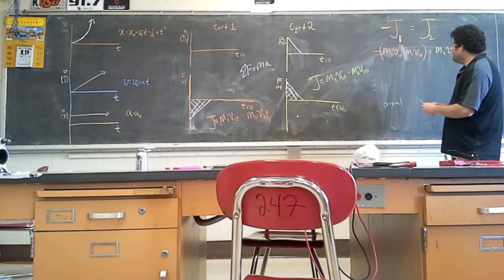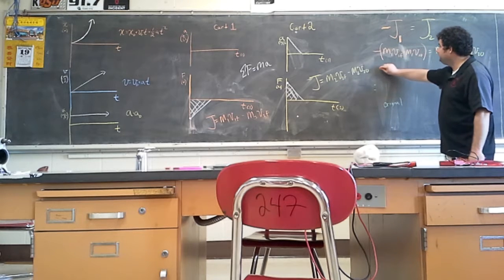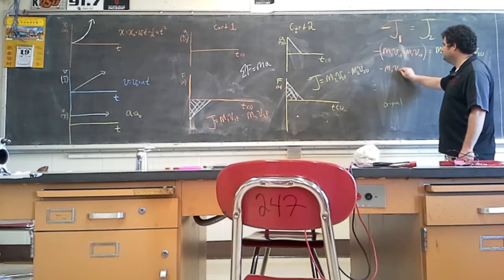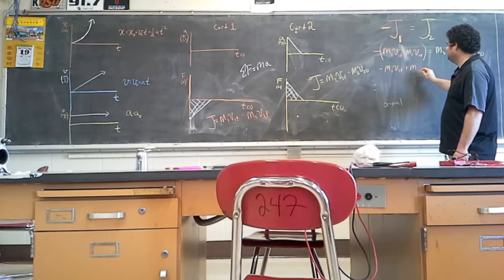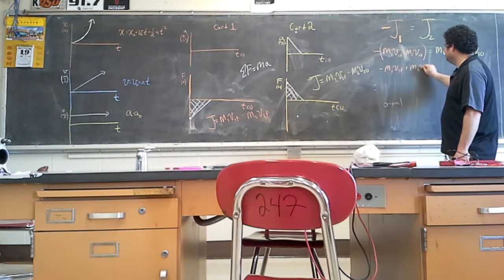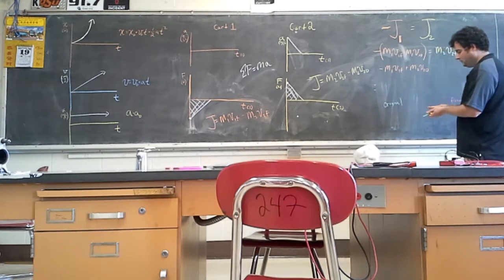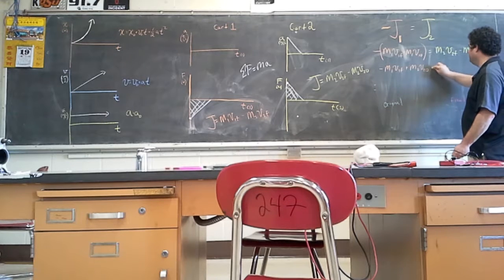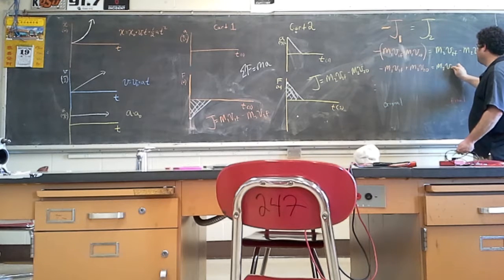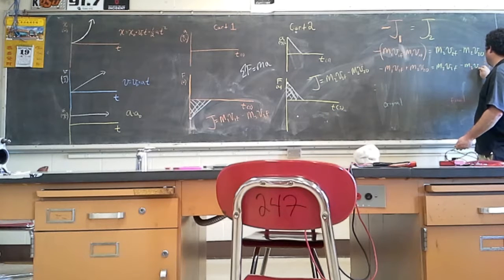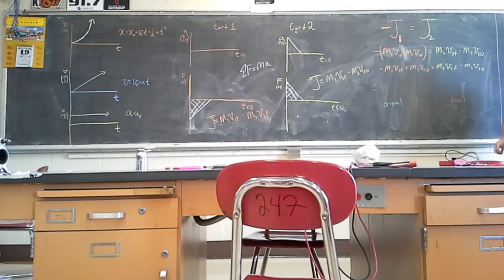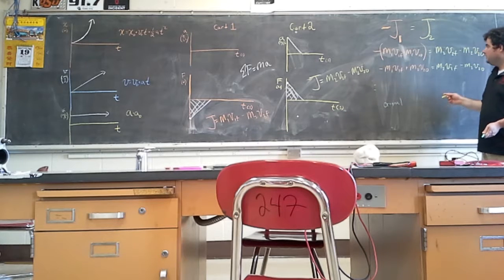So I'll start by distributing this minus sign. Now I'm going to add over m1v1f, so it's over on the final side. I'm going to add over m2v2o, so it's on the original side.